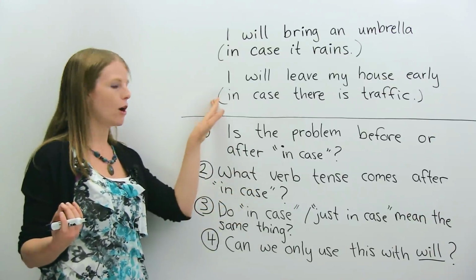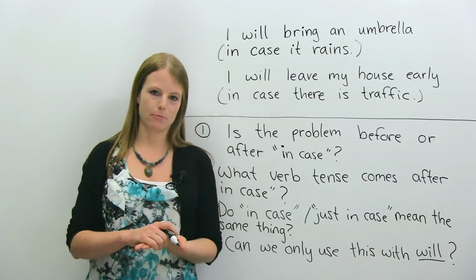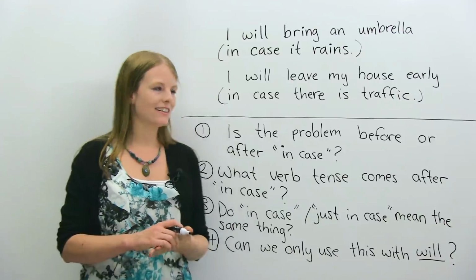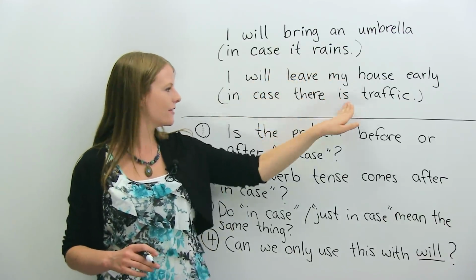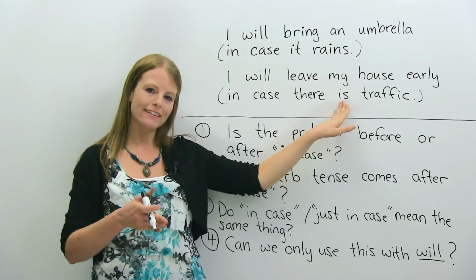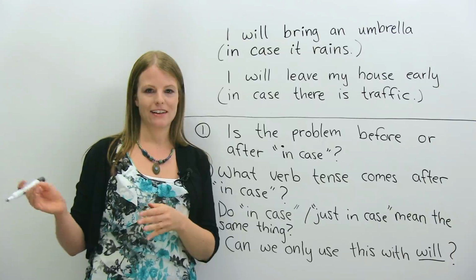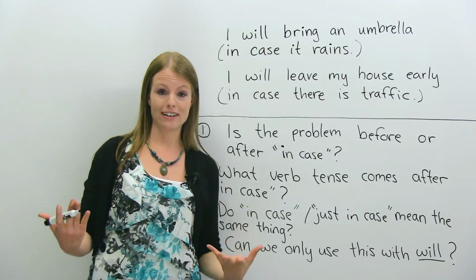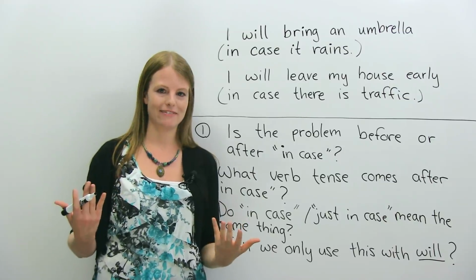So when we're talking about the problem, what is the verb tense that we use? So I want you to look, here's the verb, and here is the other verb. Is this the past, the present, or the future? If you said the present, you are correct. We use the present tense when we use in case.